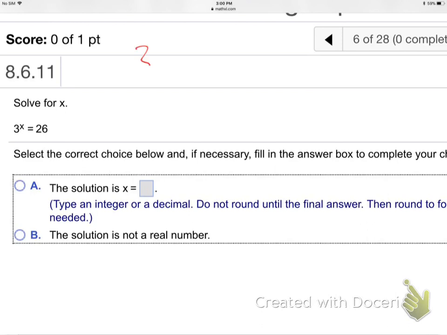Okay, so 3 to the x power is 26. So x is in the power zone. Ln of both sides.